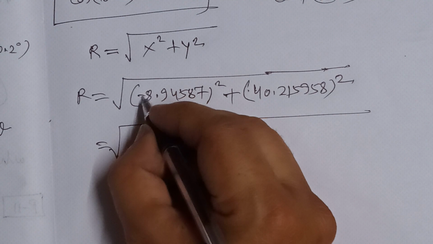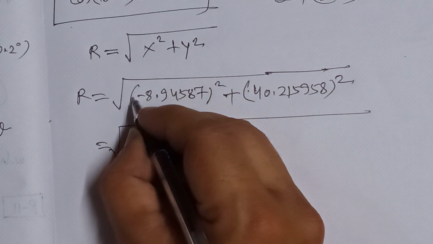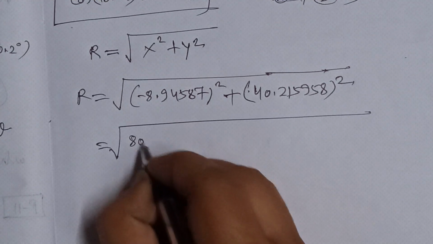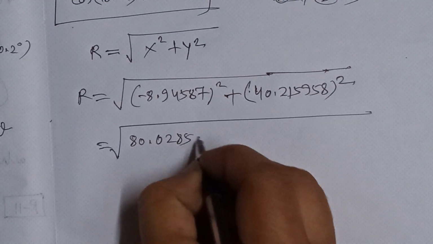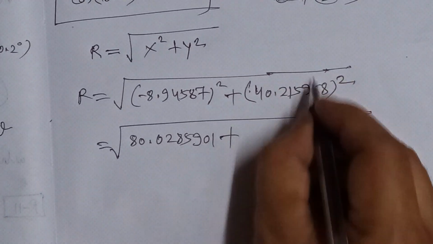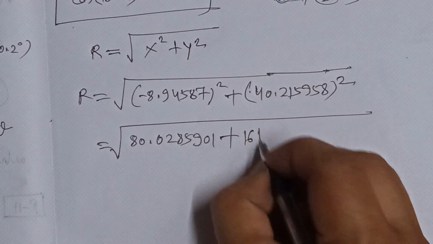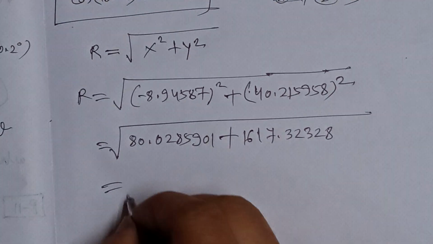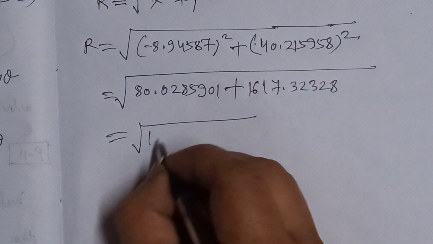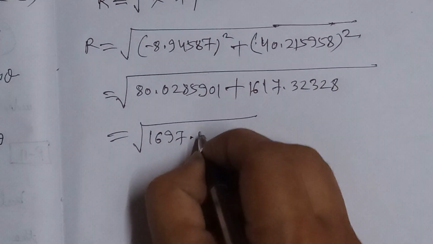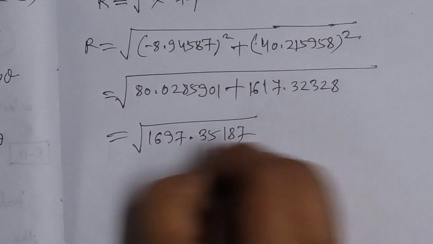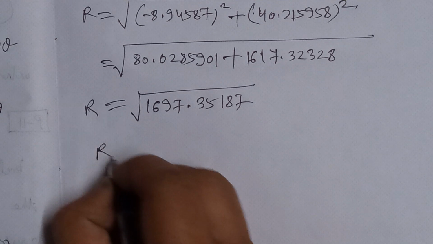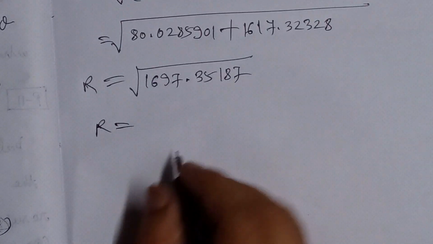On squaring, positive, we get this value in positive 80.028591, plus on squaring this value we get 1617.32328, and adding these values we get 1697.35187.